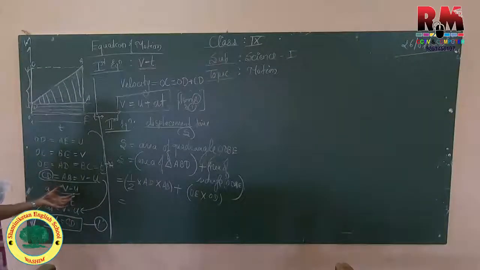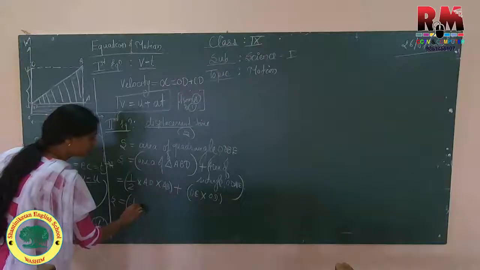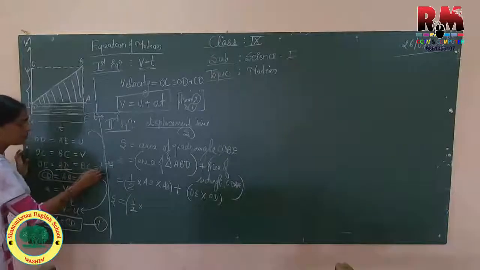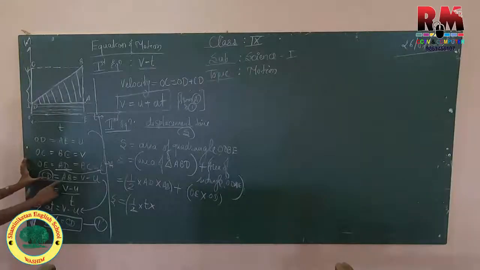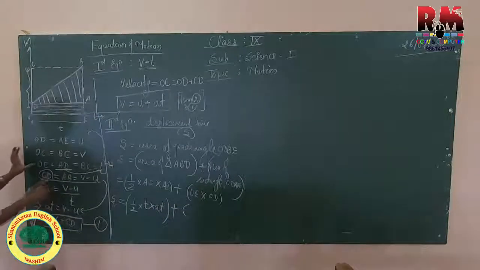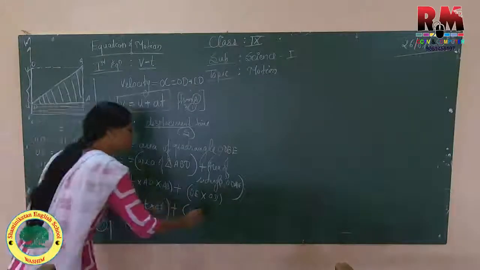Now simple substitution by using equation number 1 and A. S is equal to half into AD, which is t, into AB. Here AB is equal to v minus u, which is CD, which is equal to at, plus OE into OD, where OE is t and OD is u.